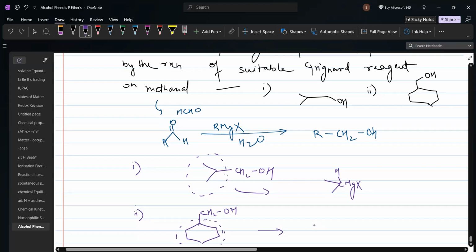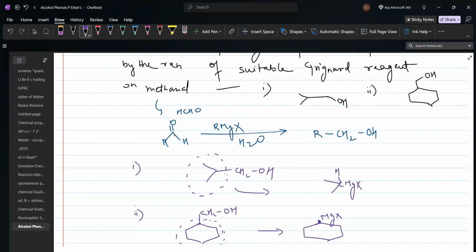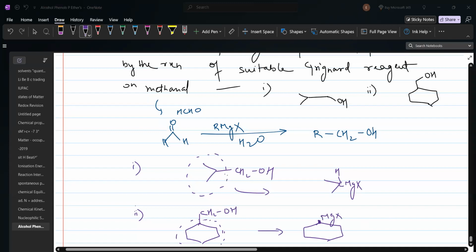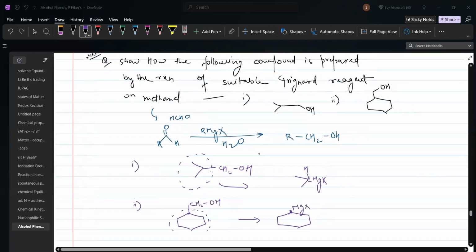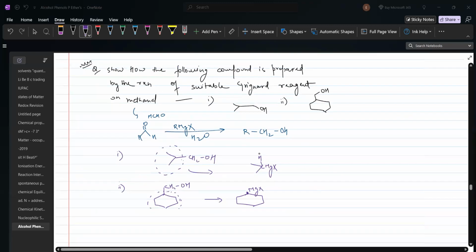So what we will see here is this MgX with this carbon attached with this carbon. So that is why this will attack on this CH2OH and this will form. Yes or no? Yes. Please copy.